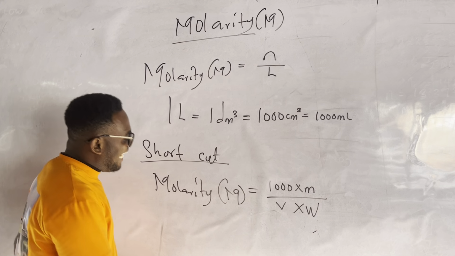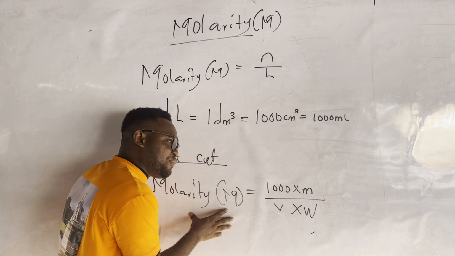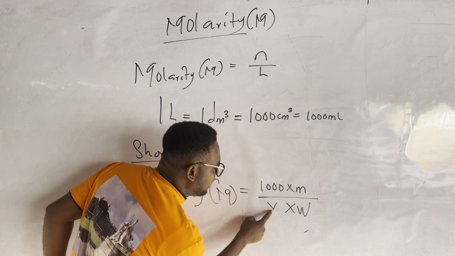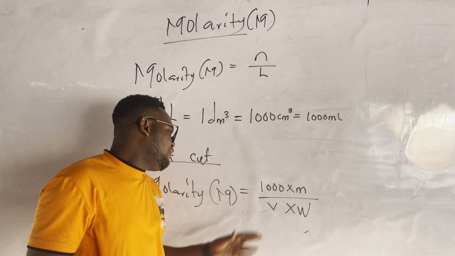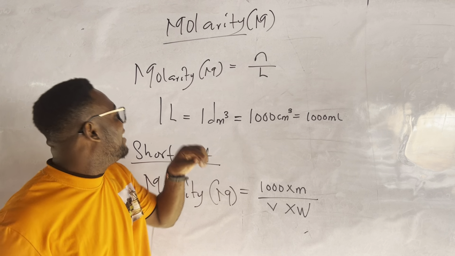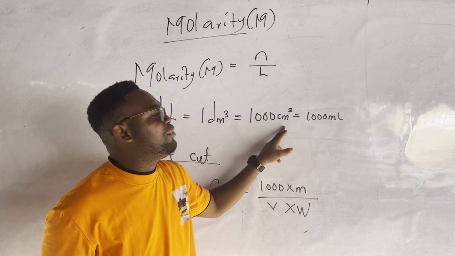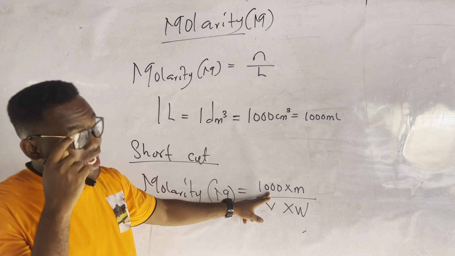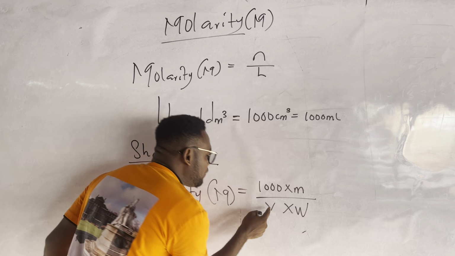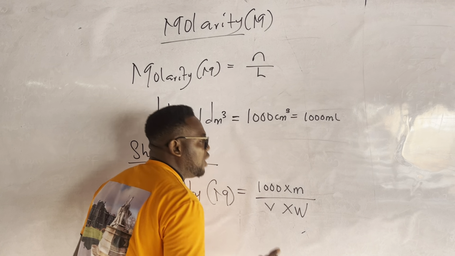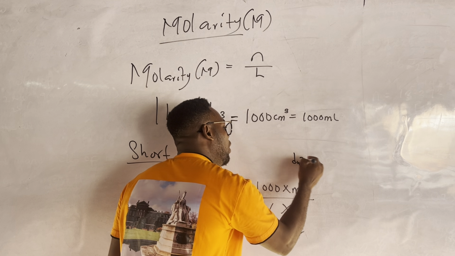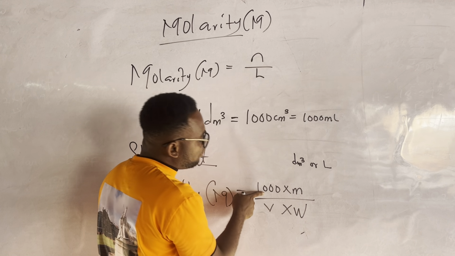It is important I tell you that in this shortcut formula, the volume in the question must be in milliliters or cm cube for you to put this 1000 here. Students, please take note. If the volume is in dm cube or liters, then remove the 1000.